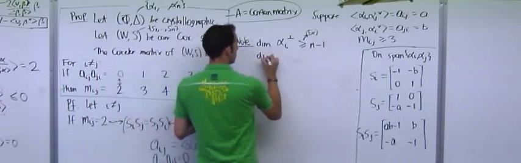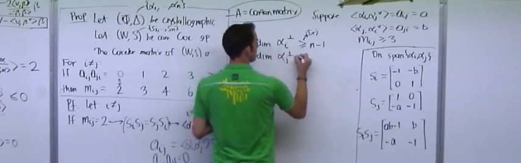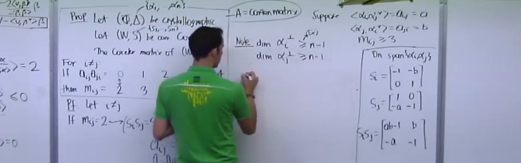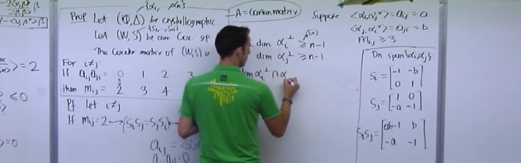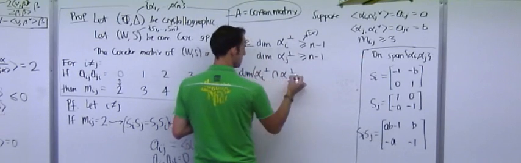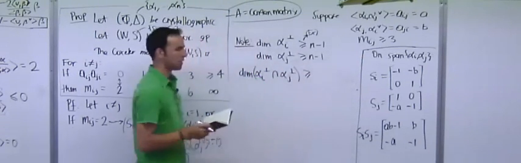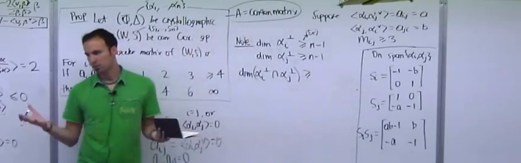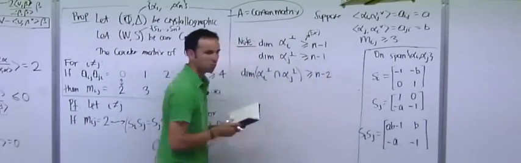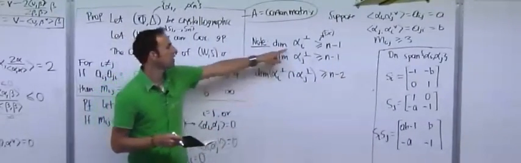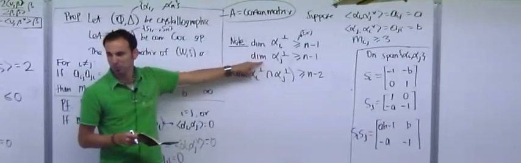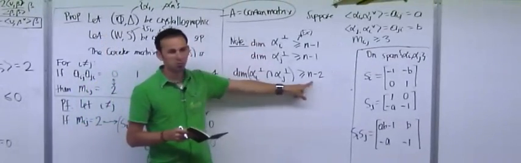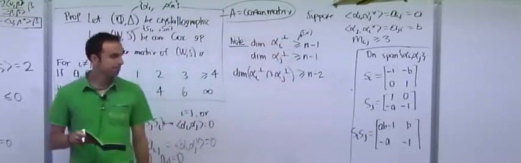So then, of course, by symmetry, the dimension of alpha j perpendicular is also at least n minus 1, and that means that if I intersect these two spaces, well, if I intersect two things with dimension n minus 1, then this has to have at least dimension n minus 2. Right? This is given by one linear equation. This is given by another linear equation. And so if those two are independent, you get dimension n minus 2. And if not, you get higher dimension.